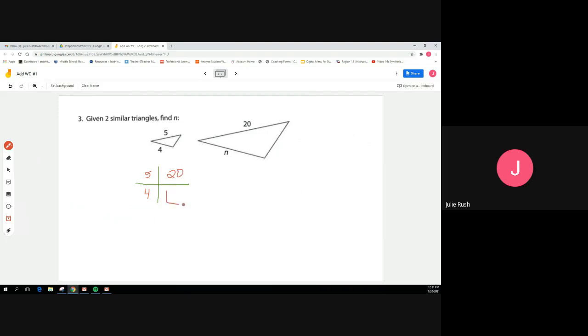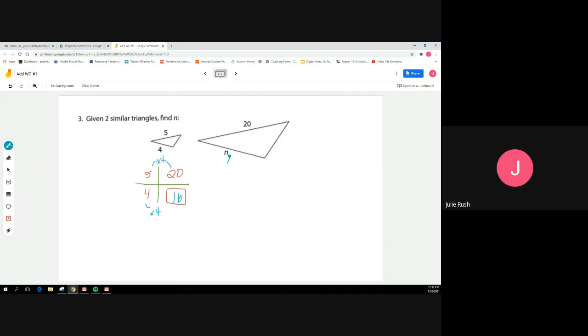I'm looking for the missing value there. I look at the relationship and I say, well, 5 times what gives me 20? Well, that's times 4. So 4 times 4 gives me 16.